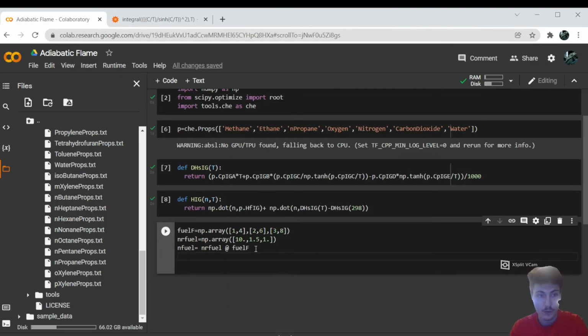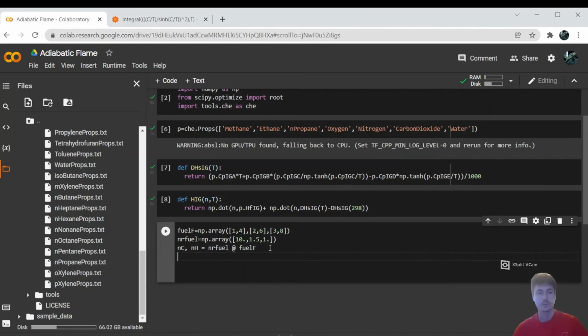So now what we can do is, oh wait, no, we don't need to do that. We need to say that the number of moles of carbon and the number of moles of hydrogen is equal to this. And then now we can say that the number of moles of carbon dioxide is equal to the number of moles of carbon.